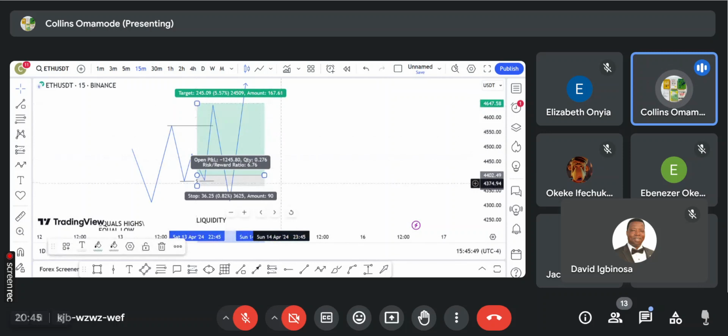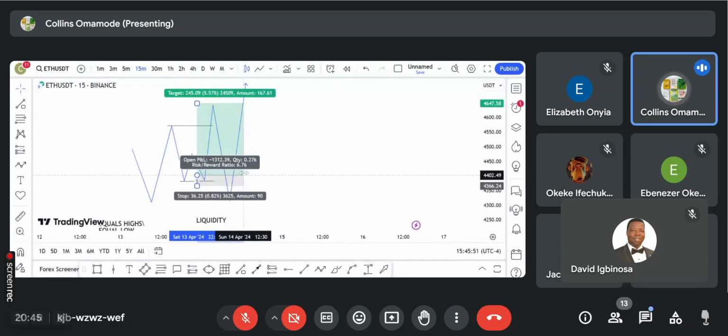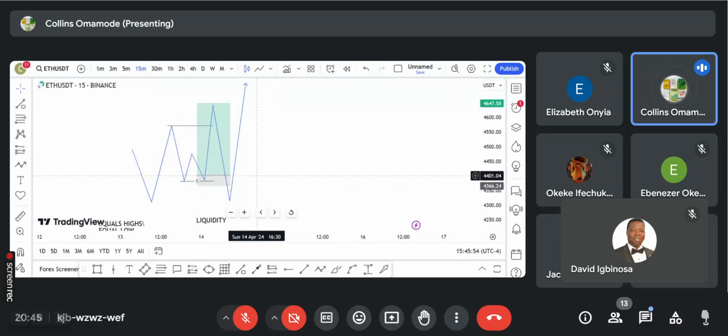So price will now come back and take them out. When price has come back to take them out, meaning price has grabbed early buyers. Basically, before price moves to the upside or to the downside, price will build liquidity because it will later come back to take out that liquidity and move in the intended direction.